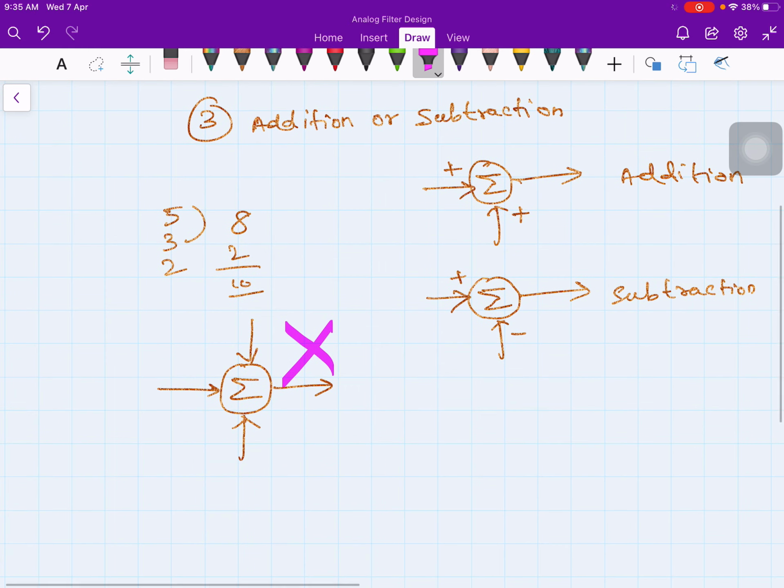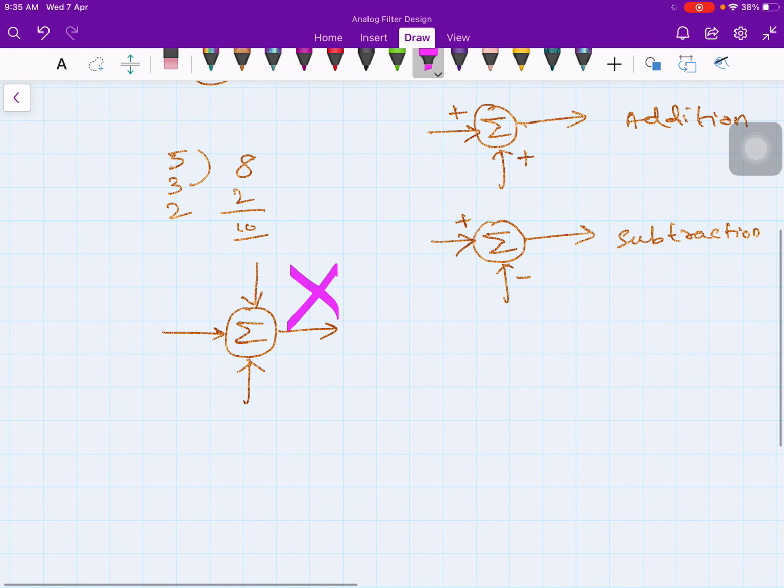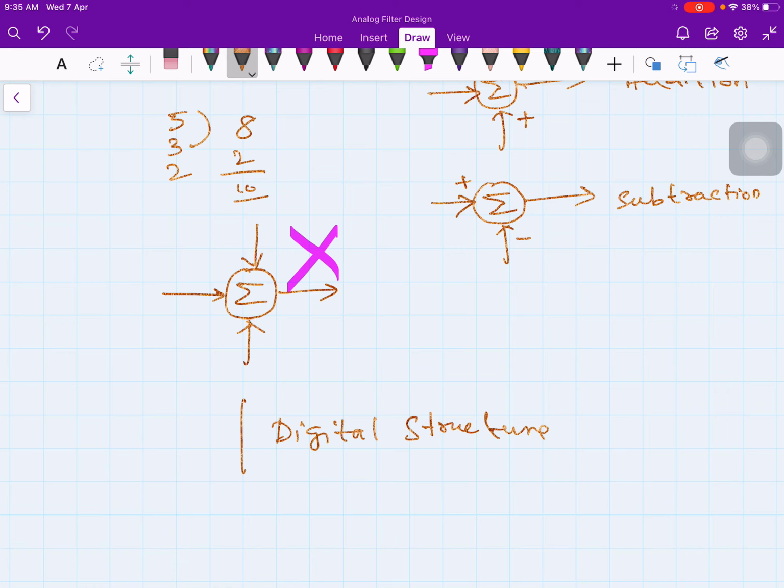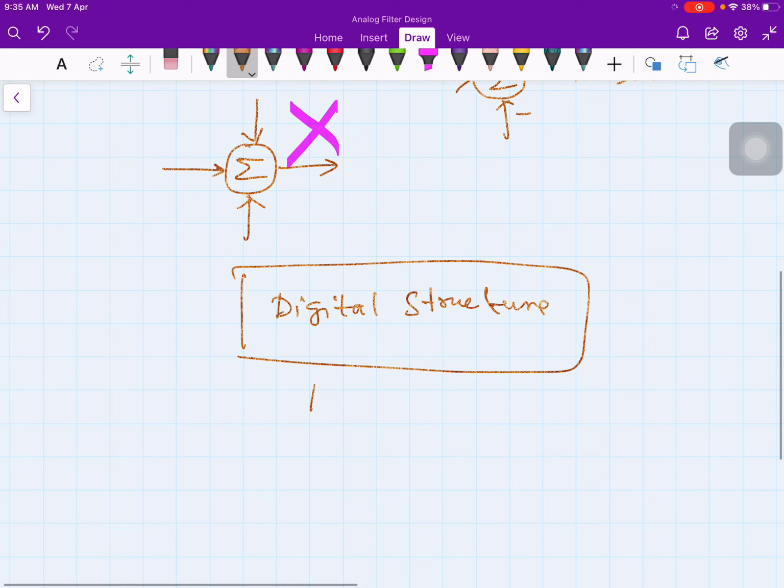Okay. Now if you are given a structure, you can always analyze it and you can find the transfer function. Okay, so digital structure is given. You can analyze the structure and you can find the transfer function.